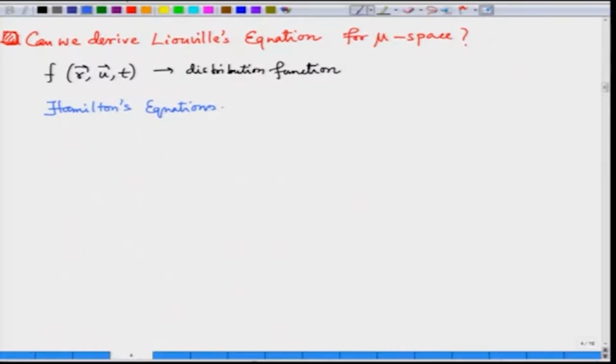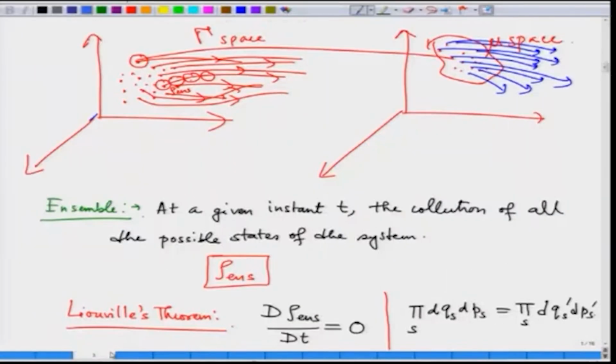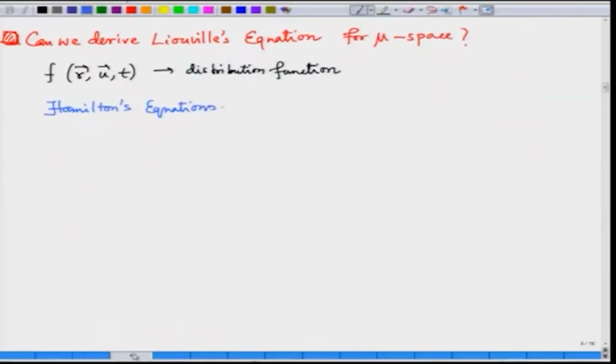That means the system was an isolated system. There can be interaction between two particles, but there was no source or sink of energy outside. So the system as a whole does not gain or lose any energy. That is why this is a conservative system and we could define a Hamiltonian.